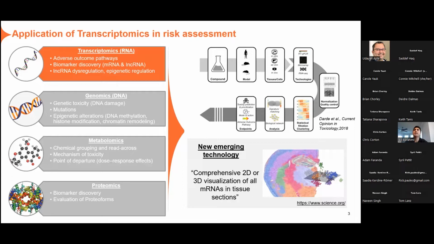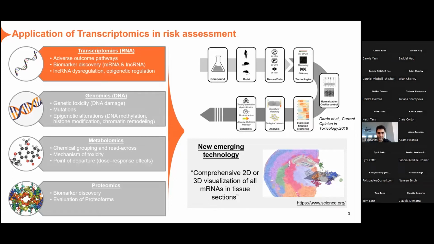But I think there is still a gap in the transition from mechanistic understanding and mode of action to being accepted in internal decision-making processes, and also regulatory decision-making processes.